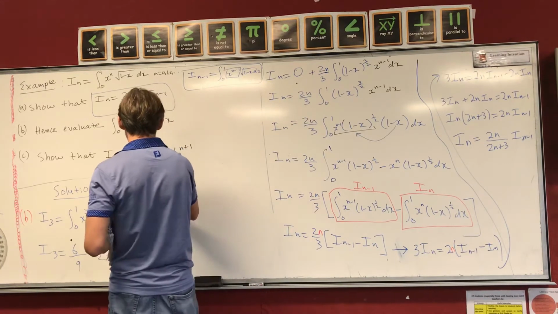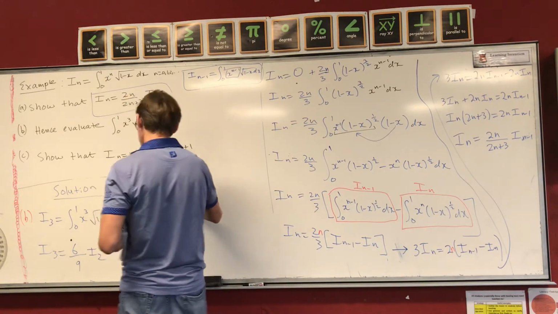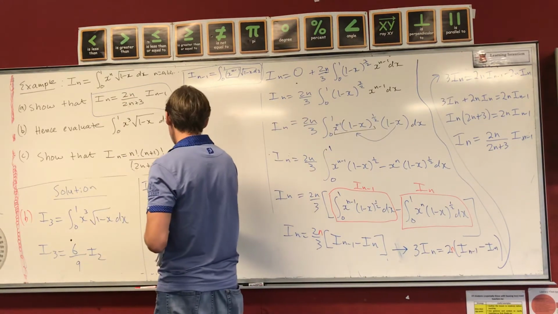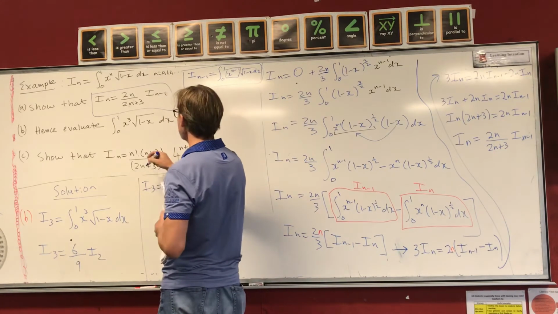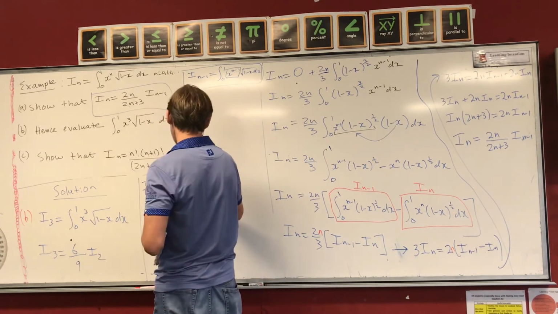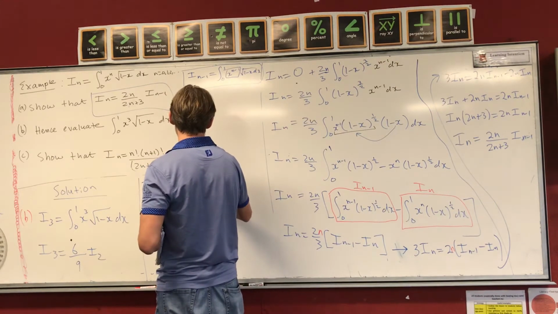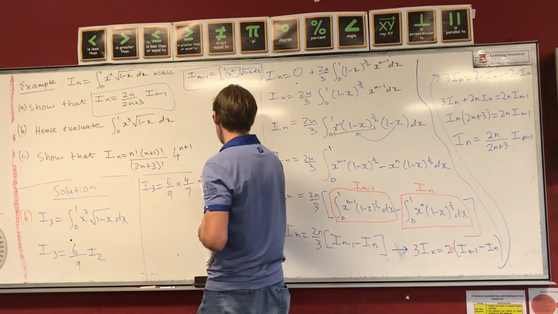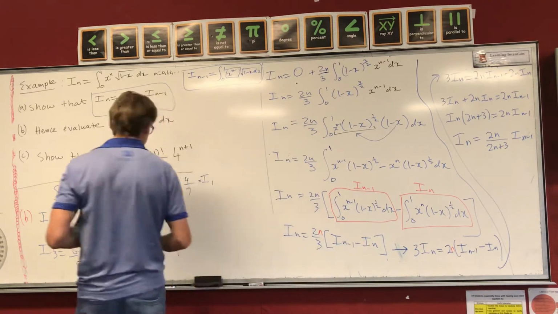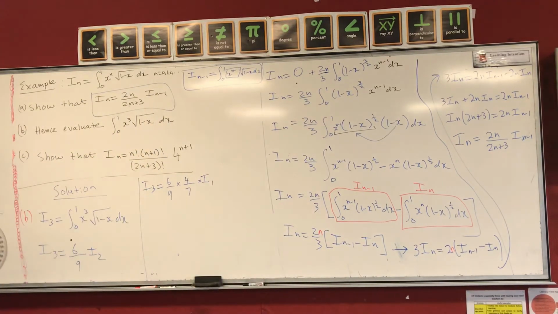So I3 equals 6 over 9 times, now what's I2? I2 will be 4 over 7 times I1. Did we work out what I1 was before? Yes, I think we did.